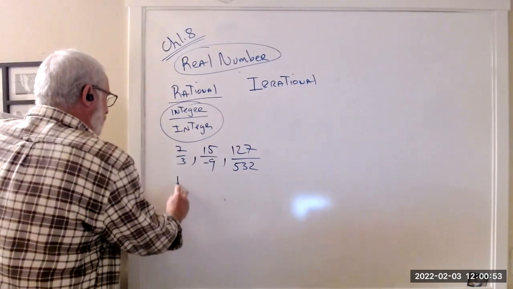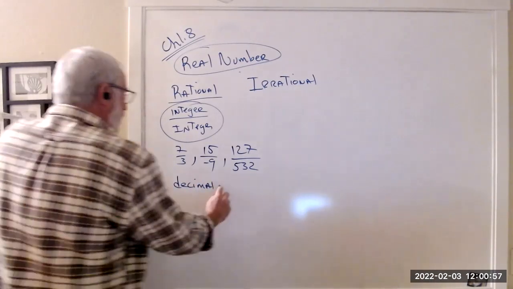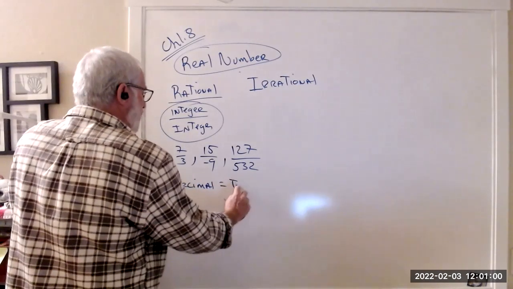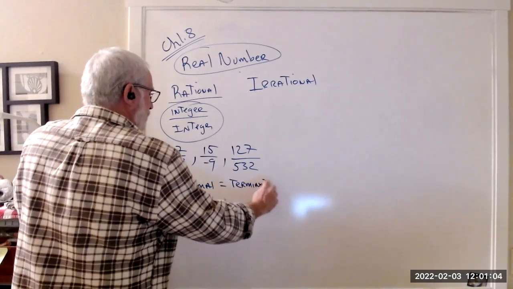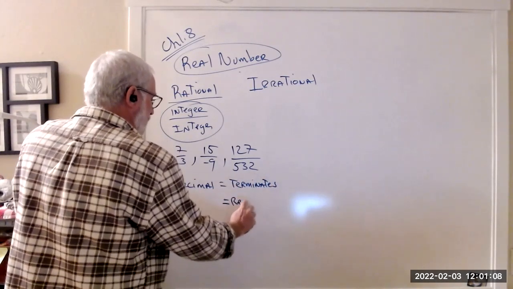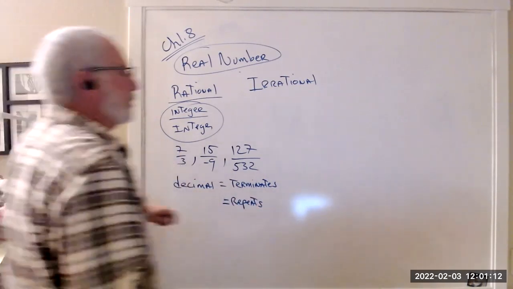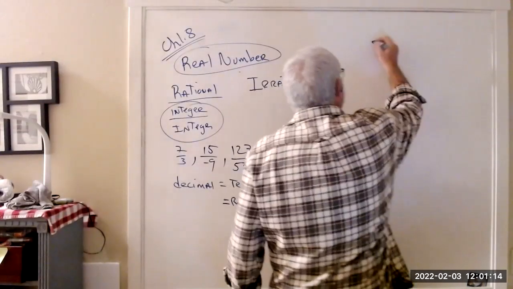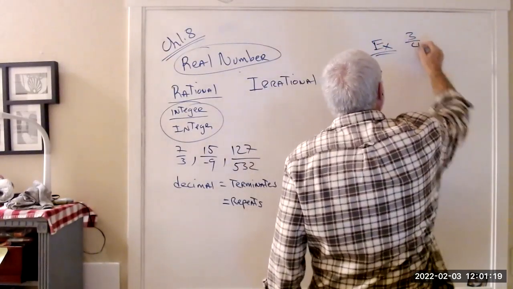Their decimal either terminates or it repeats. So let's take an example. 3/4.